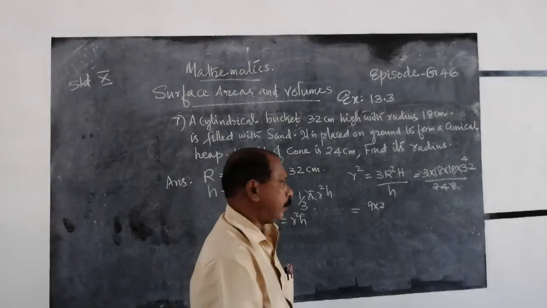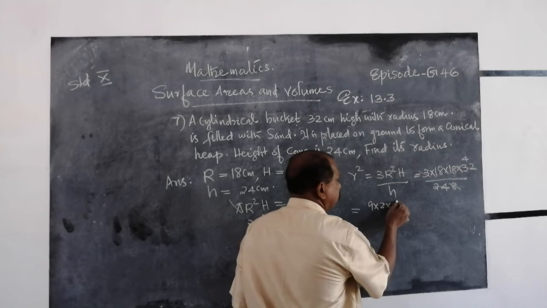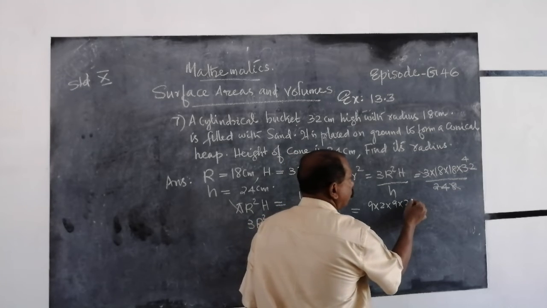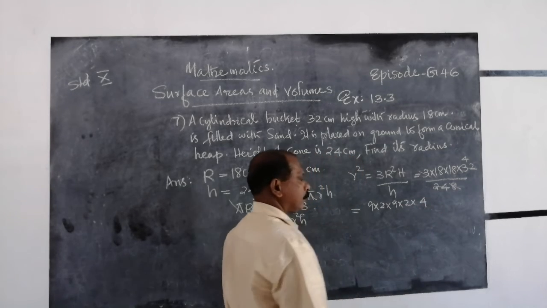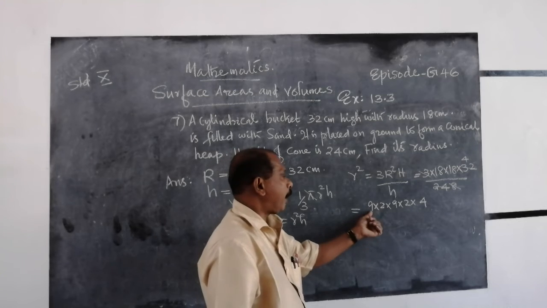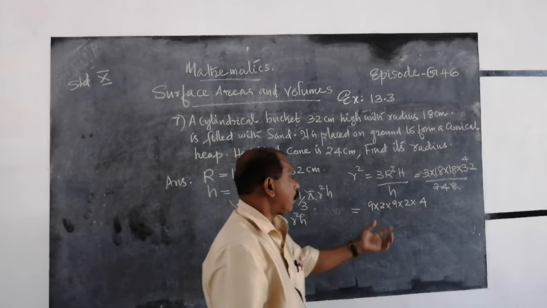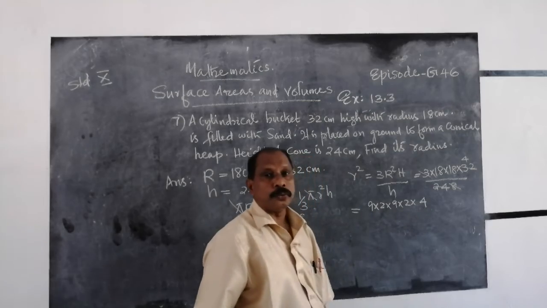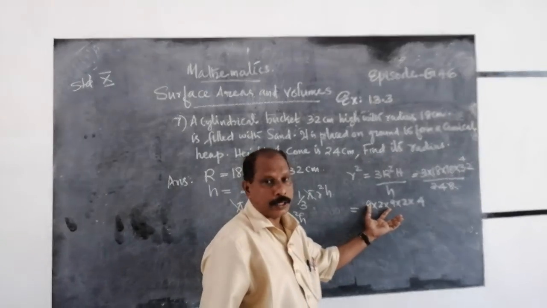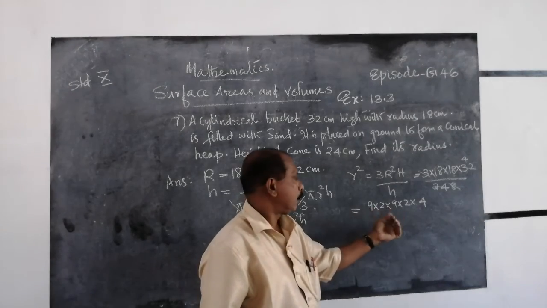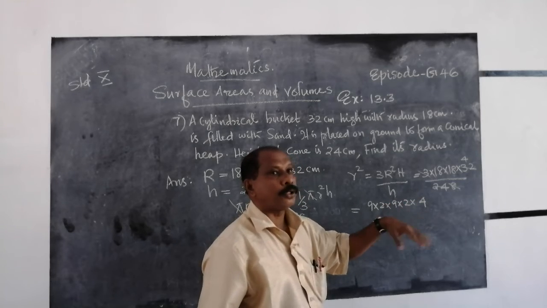Then factorize that one. Also 18 is 9 into 2, into what? 4. How many nines? 1 nine. How many twos? 1 two. How many nines? 2 nines. We take 1 nine as the root. 2 twos, 1 two. Root of 4 is 2.